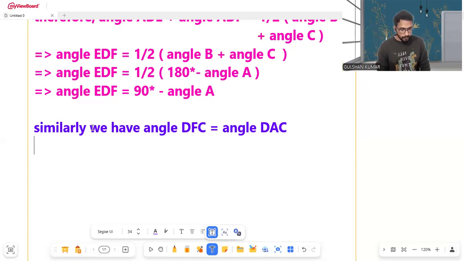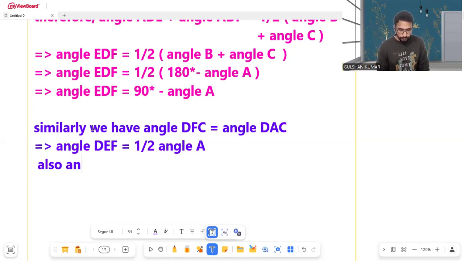Okay, this will imply that angle DFC will be equal to half of angle A. Okay, and also angle CFE will be equal to angle CBE.